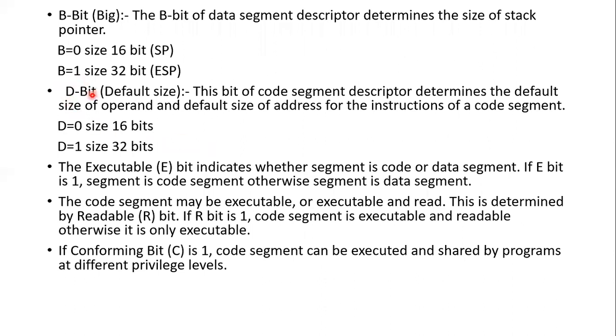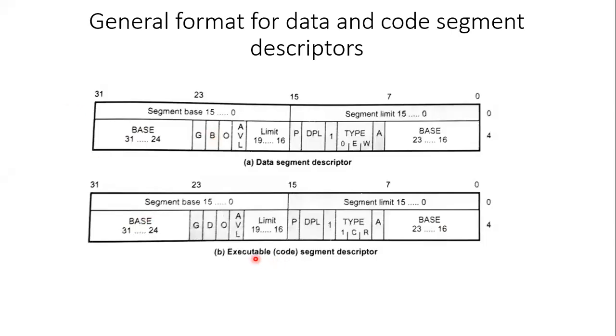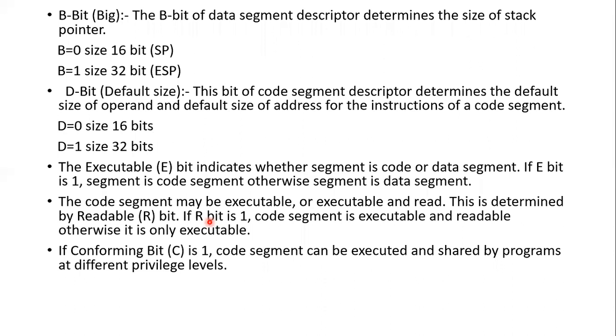Same is the case with the D bit. It is nothing but the default size. So what does this bit tell? This bit of the code segment. Now D is associated with which segment? It is associated with the code segment. See over here, D is associated with the code segment descriptors. So this bit of the code segment descriptor determines the default size of the operand, and also the default size of the address of the instruction, whatever the default size of the address for the instruction of a code segment.